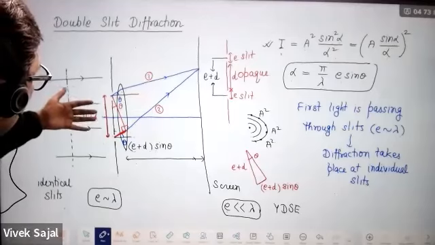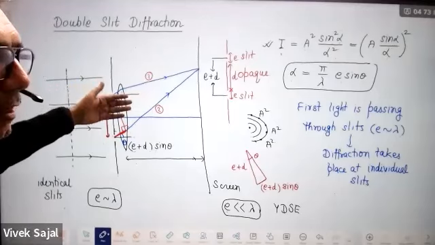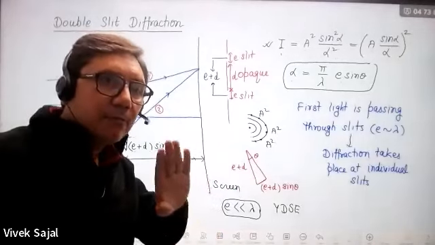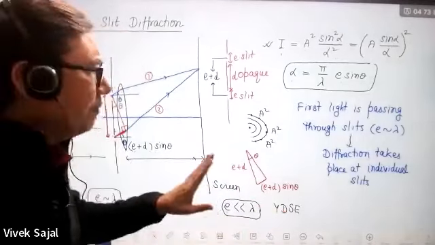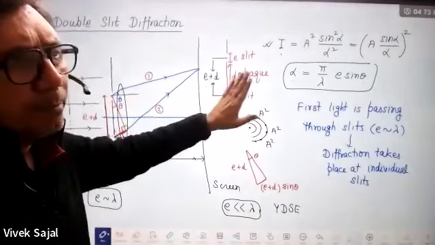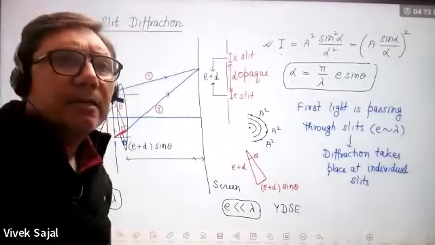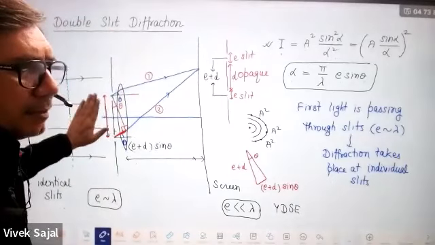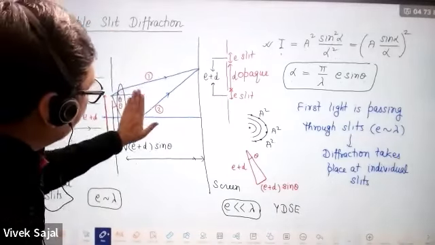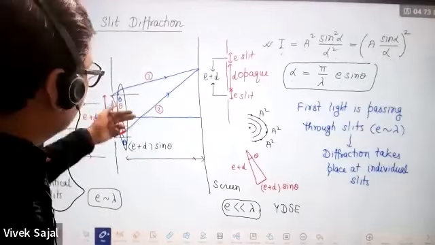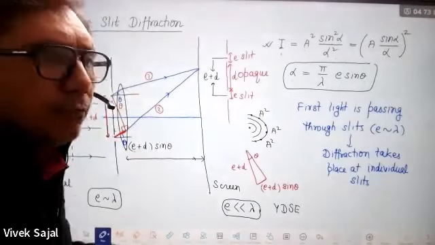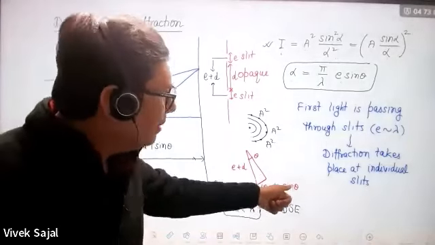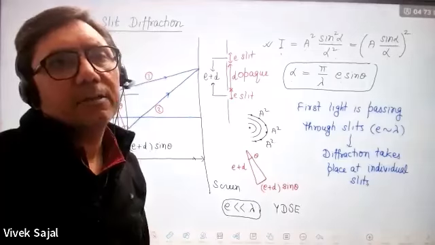You have achieved these two sources from the same light, so the wavelength will be the same. ठीक है, frequency will be the same, wavelength will be the same because both the parts are propagating in the air. Here the medium is again air, so lambda will be the same for both 1 and 2. Frequency will be the same, and the path difference E plus D sine theta will be a constant.